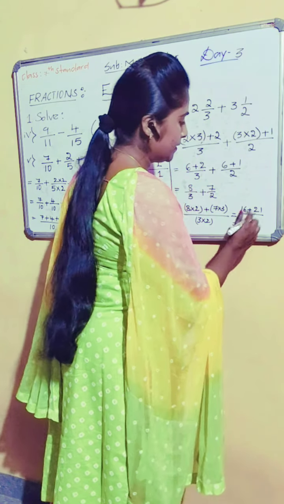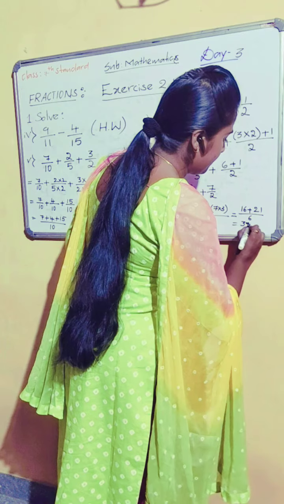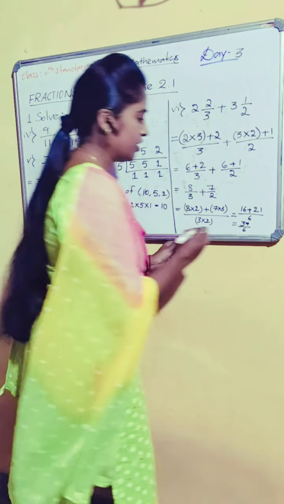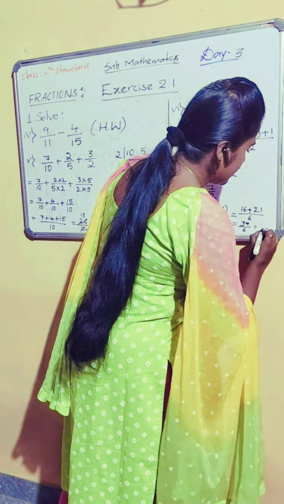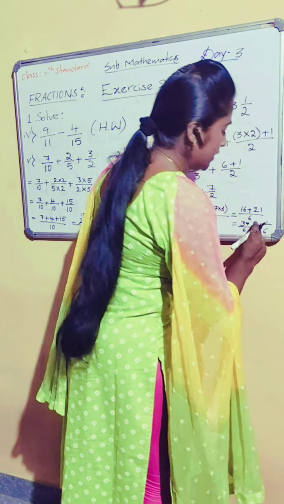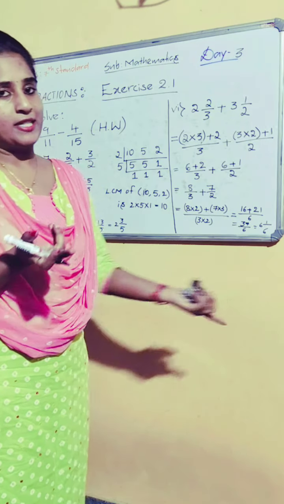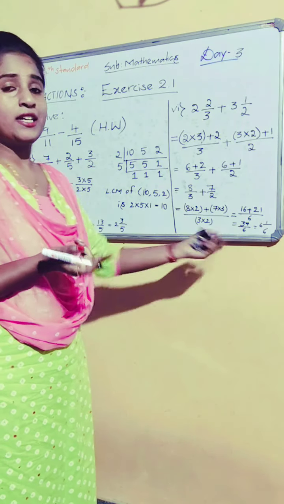So what will you get? 37 by 6. How can you write it in the form of a mixed fraction? That is 6 6s are 36, 36 plus 1 is 37. Therefore 6 1 by 6 is the mixed fraction of 37 by 6.